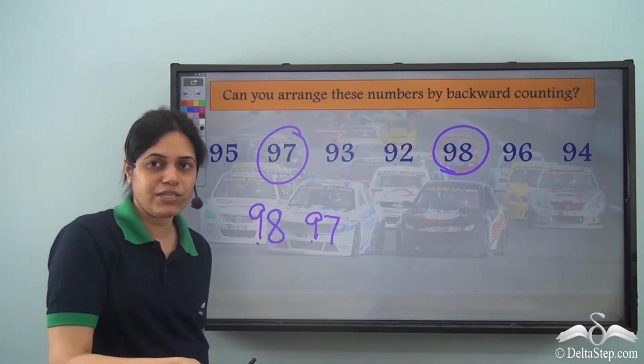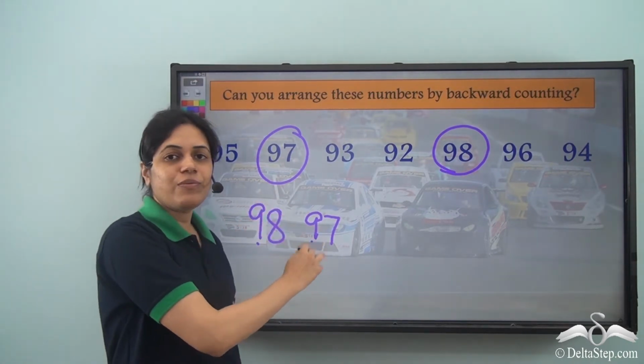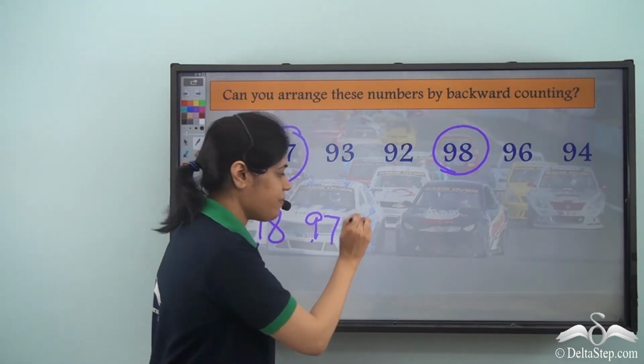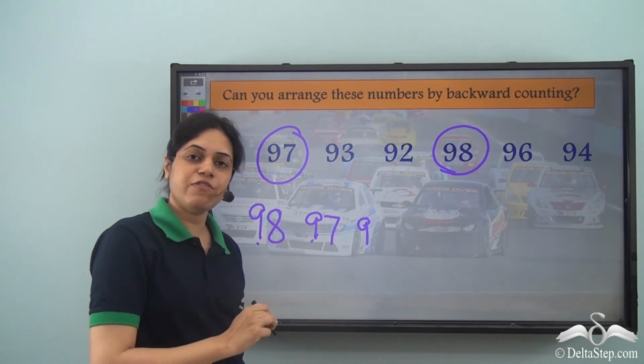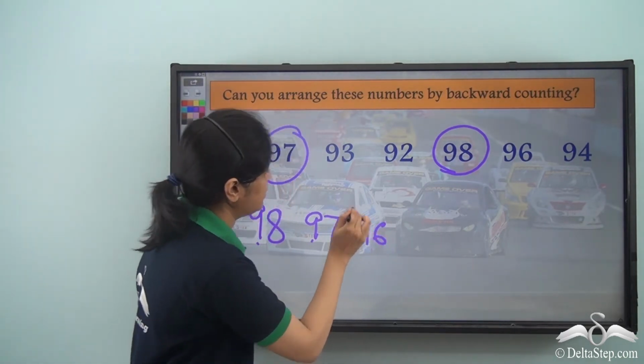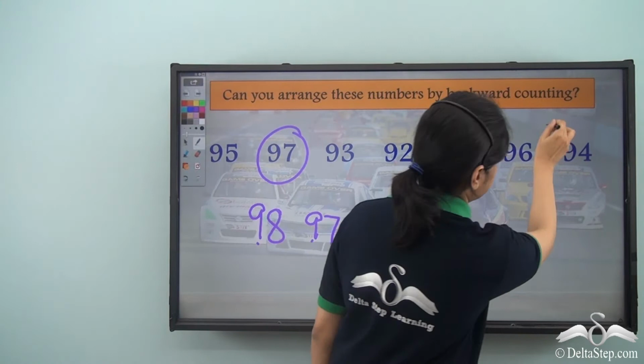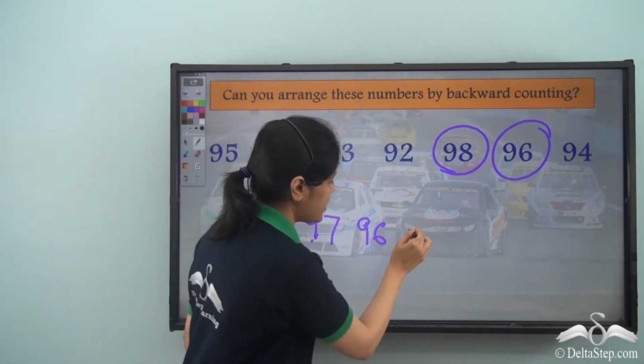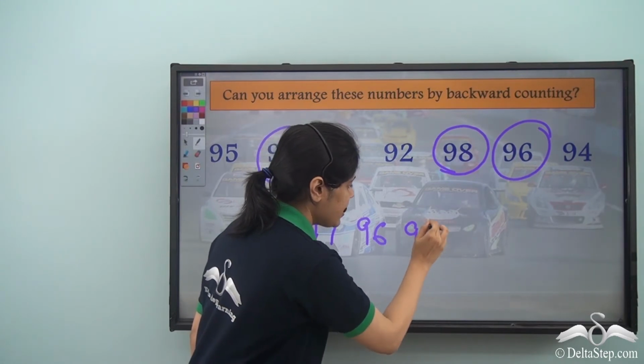What comes before 8? Similarly, from 97, this 9 will remain as 9 and what comes before 7? 6. So we'll have 96. Once again, before 96, we have 95.